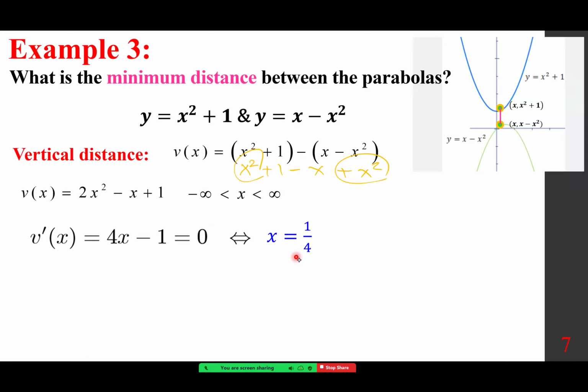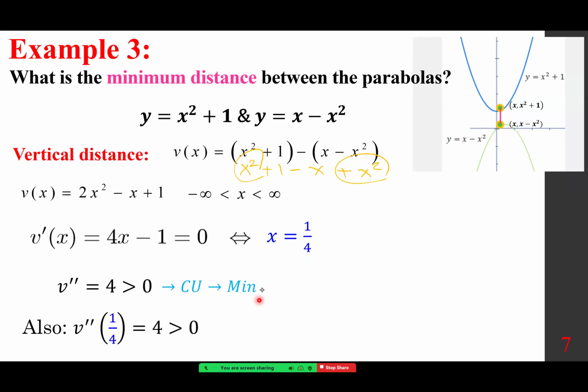So whether we do the first or second derivative test, local becomes absolute, meaning we have to test this. We're going to go with the second derivative test, it's easier. V double prime is simply positive 4. Positive means concave up, and concave up makes it minimum.